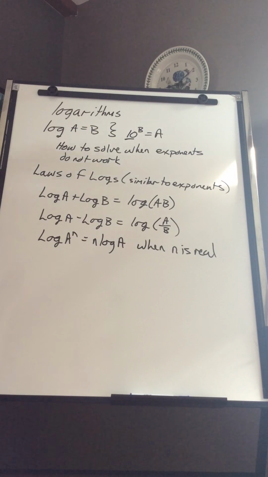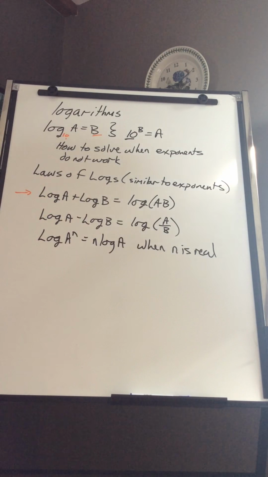How to solve when exponents do not work. When we're doing exponential equations and we can't get an answer because it just doesn't work, we use logs, because logs are kind of the reverse of an exponential, so much so that they have very similar laws.